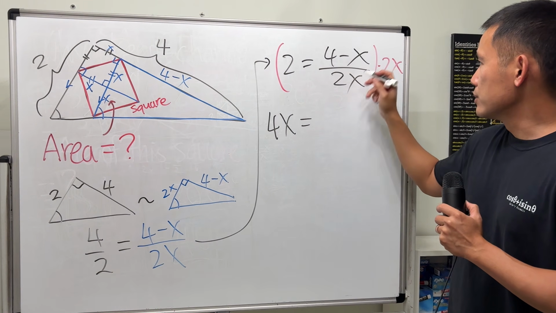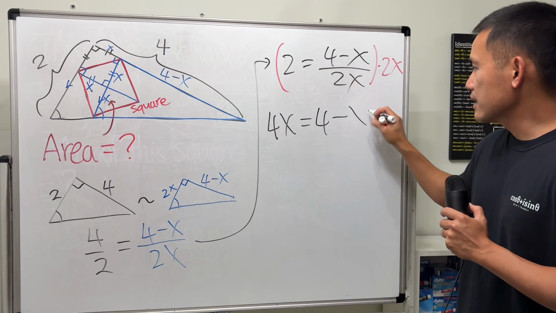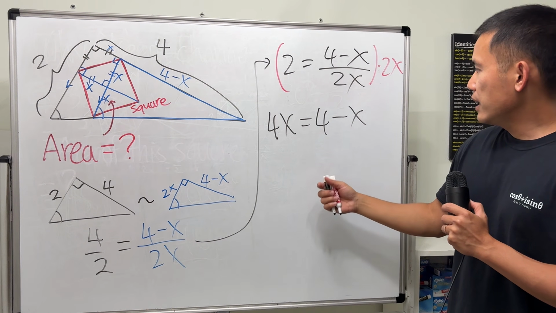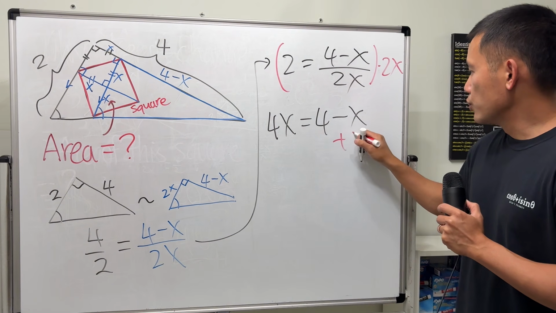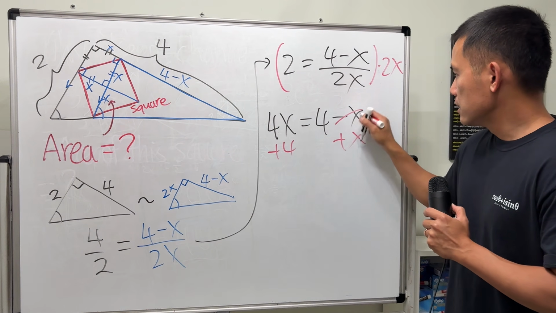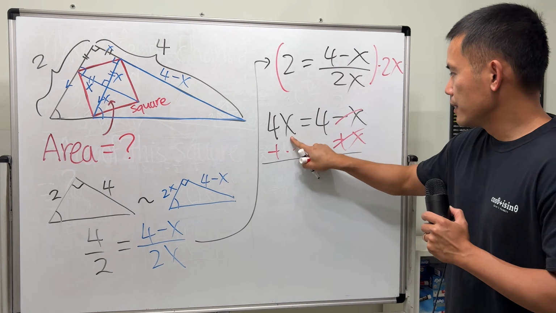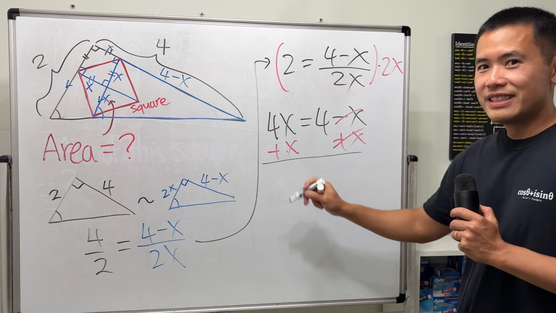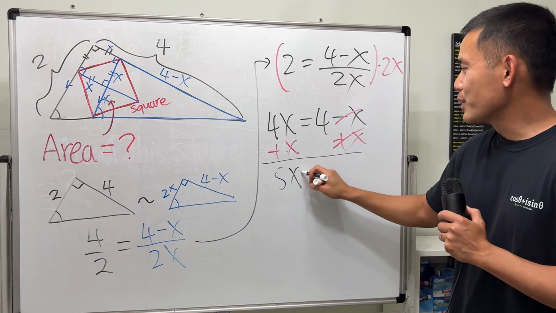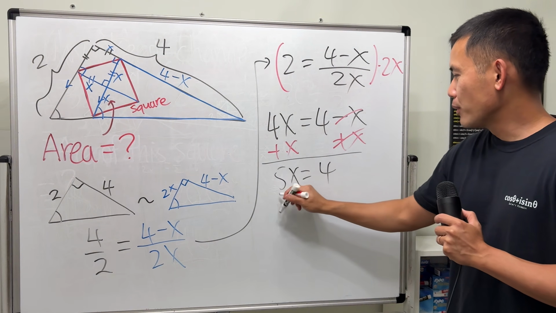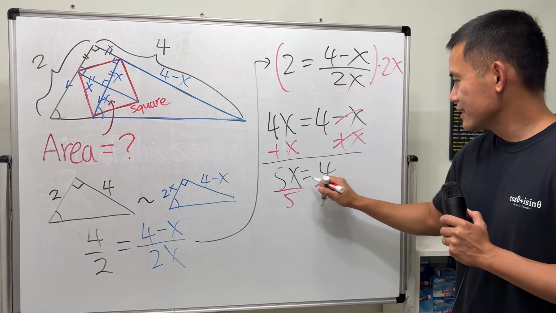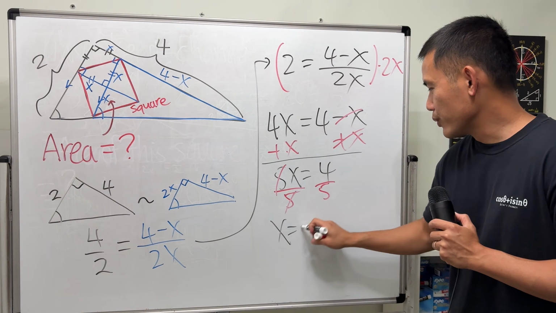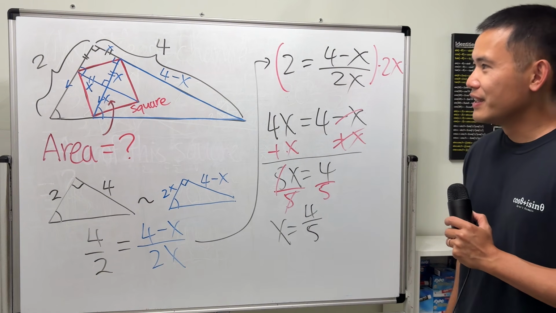And this times that will just be gone, and we have 4 minus x. And we can add x to both sides. And we get 5x equals 4. Divide both sides by 5. So x is equal to 4 over 5.